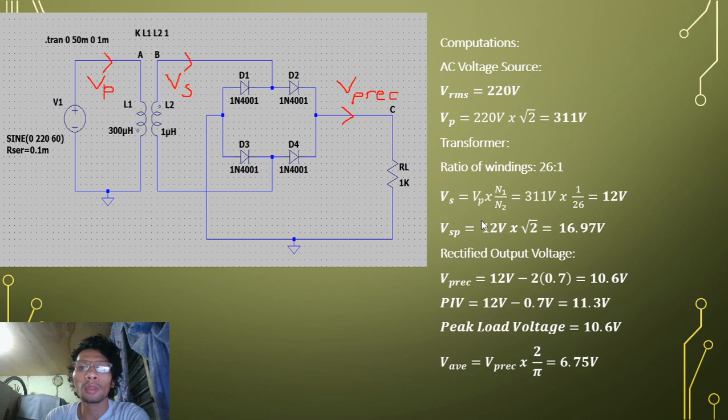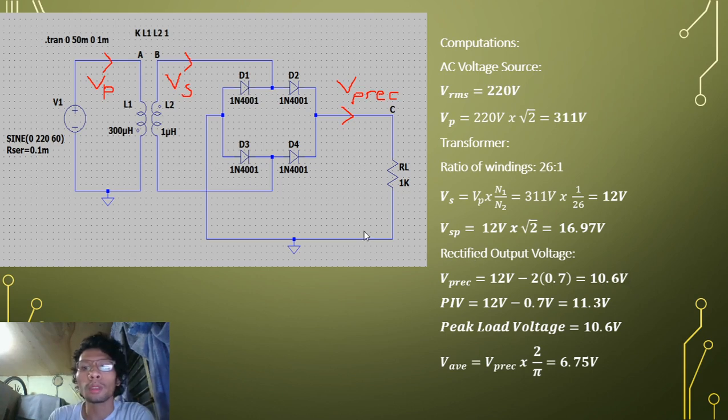Then to find the rectified output voltage, which is here, after the voltage is flowing from the secondary voltage or VS traveling to the two diodes, which is forward bias D2 and D3, the V peak rectified or rectified voltage output is equal to 12 volts minus 2 times the diode voltage of 0.7 for each individual diode, which is the silicon diode, and the VP rec is equal to 10.6 volts.